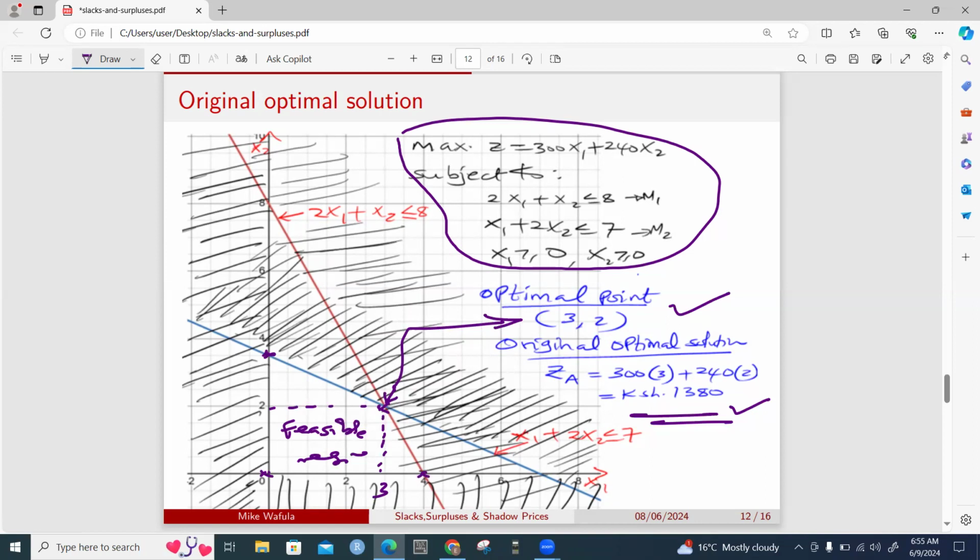Now, this solution, this point, can also be obtained without necessarily even graphing, because you realize there are only 2 resource constraints involved, for machine 1 and for machine 2. So we can just solve 2x1 plus x2 equal to 8 and x1 plus 2x2 equal to 7 simultaneously. Just solving simultaneously, either using elimination, substitution, or matrix method, we should be able to get that particular point.